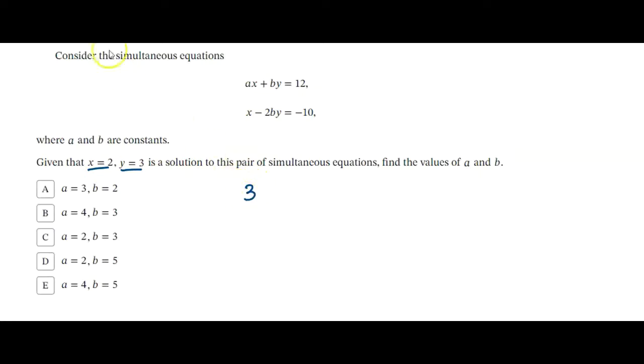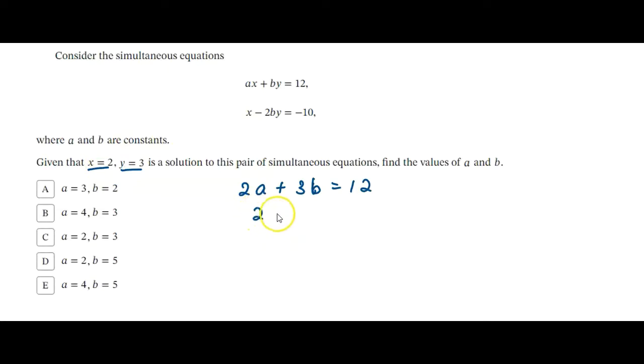We have 2a, where x is substituted as 2, plus 3b, where y is substituted as 3, equals 12. For the second equation, do the same thing. Substitute 2 inside.